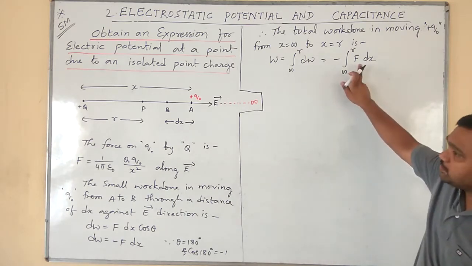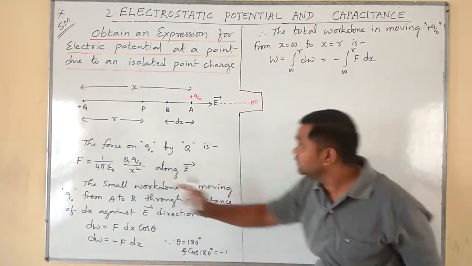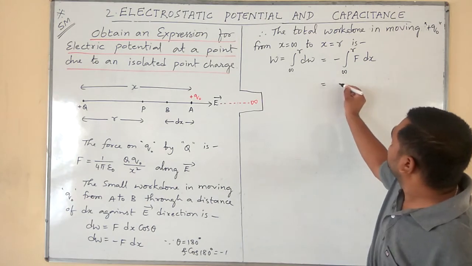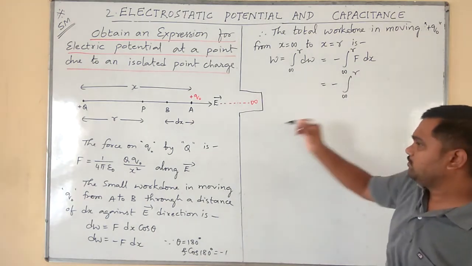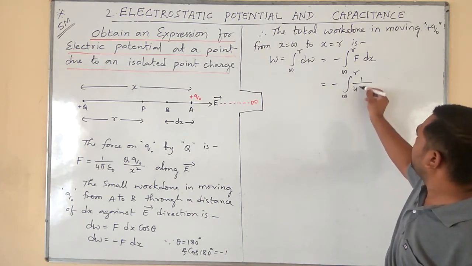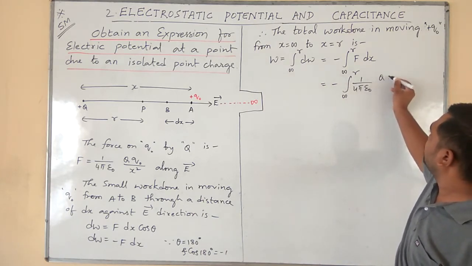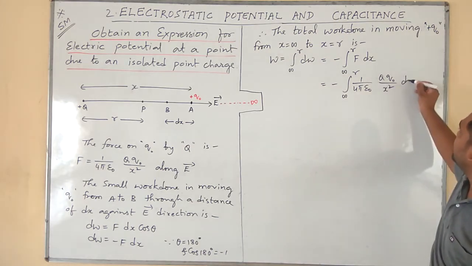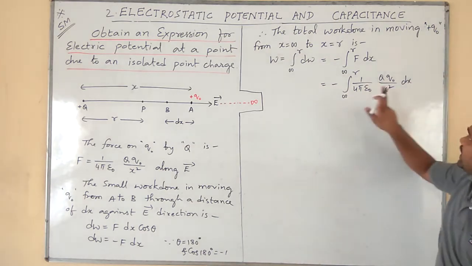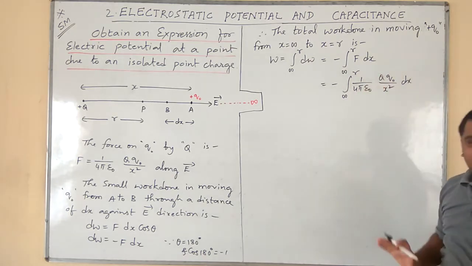Next step, substitute the value of F from this. What we get is minus integral infinity to r of 1 by 4 pi epsilon naught Q naught divided by x square dx. Here, except this x, everything are constants.